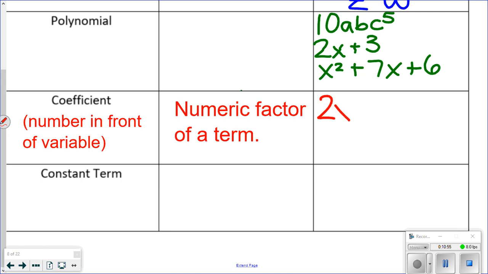So I'm going to list 2x cubed, negative 5m squared, and 4y. So what I want you to do is circle, underline, box in, highlight, whatever you want to do, what your coefficients are for these three examples. So 2, negative 5, and 4 should be your answers here.